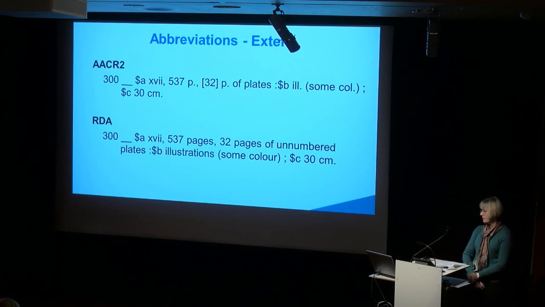And similarly with extent, where we had a whole range of different abbreviations for pages and illustrations and some colour, facsimiles, etc. Now we do it all out in full. So now we say pages out in full, and if we have an unnumbered group, rather than using square brackets, you can count them up if you want to.